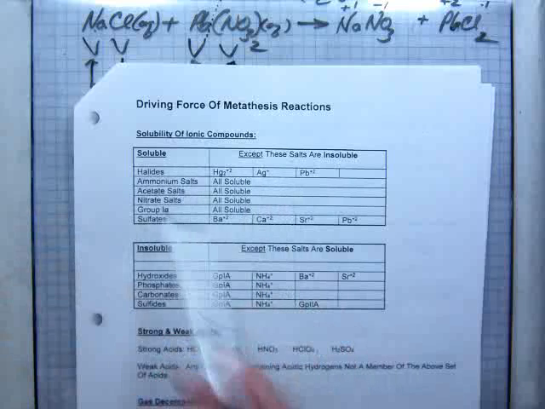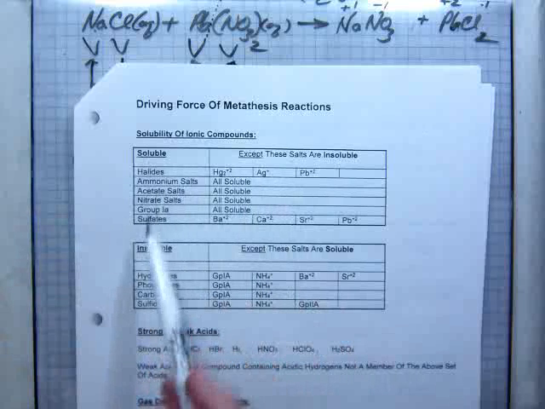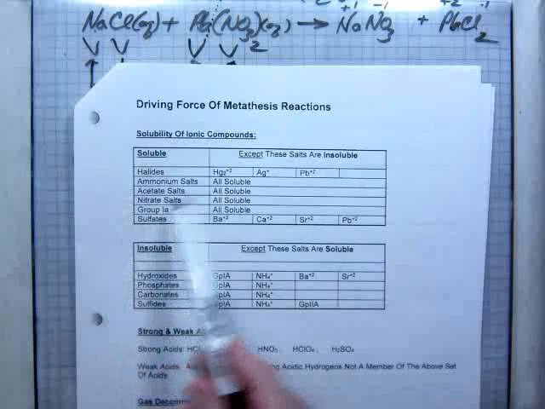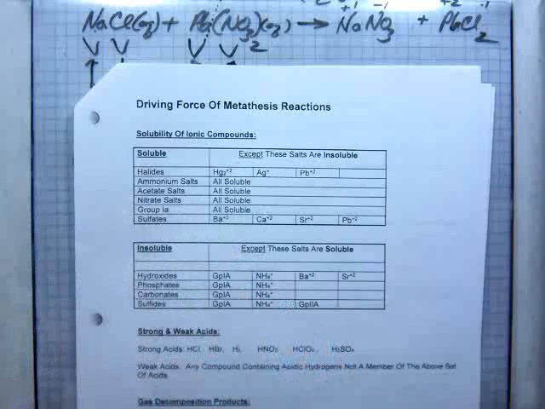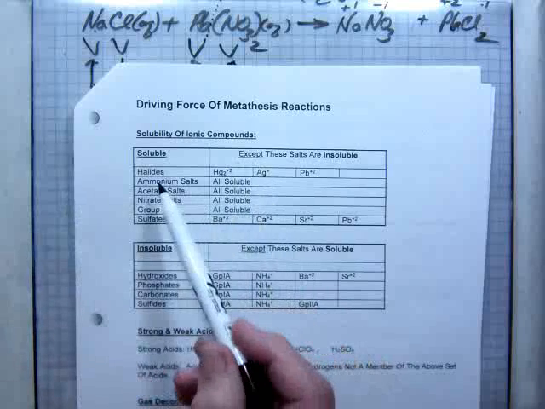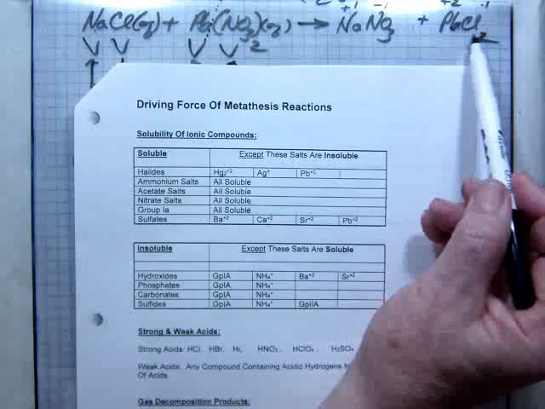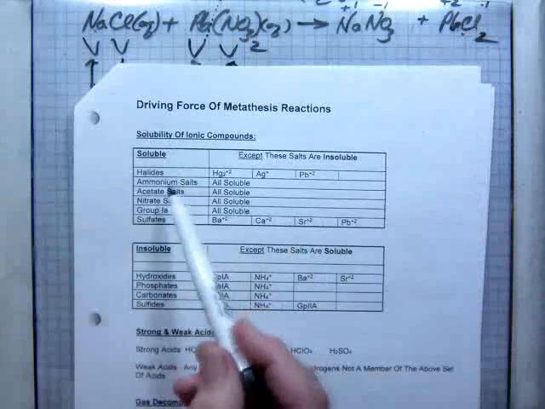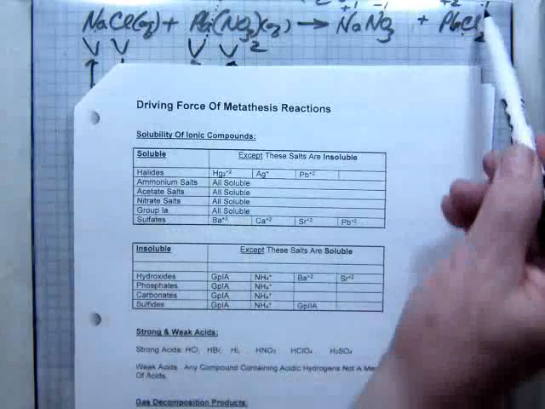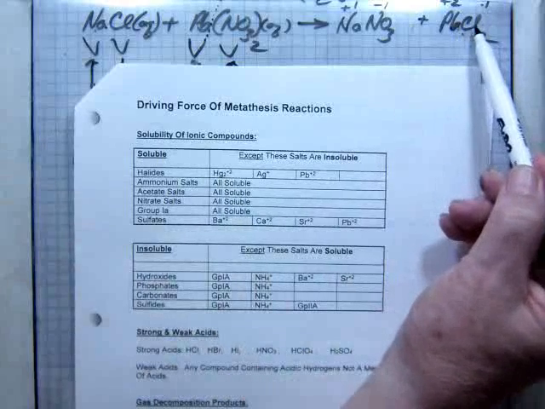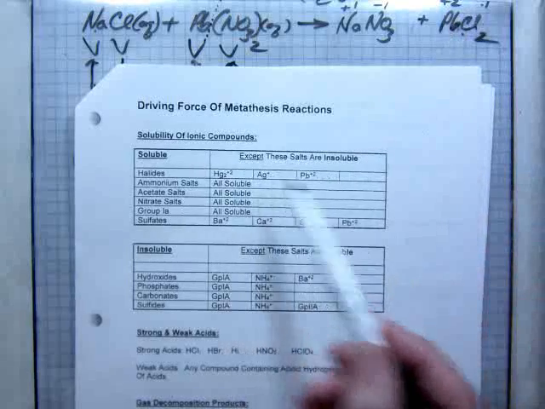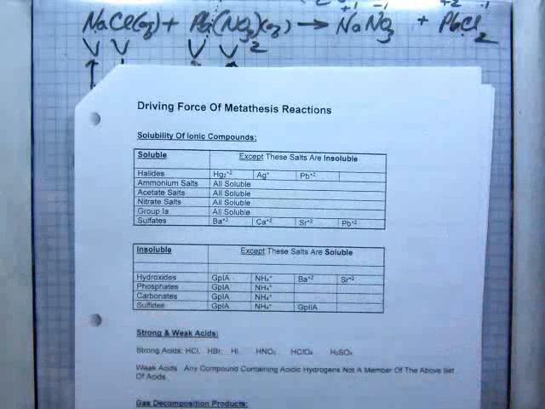So if you read this table, this left side over here says solubles are these types of compounds except. And what does except mean? It means they're insoluble. So when we look at this compound right here, lead chloride, it is in the halogen group. And if the halogen, the chloride, is attached to one of the three elements here, then it's insoluble and yes, is a driving force.